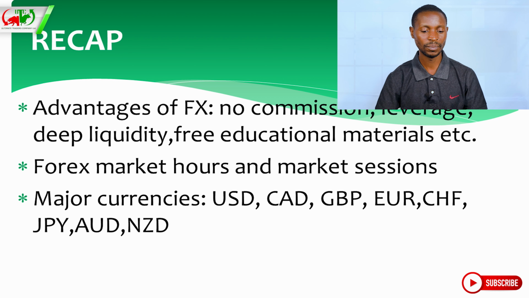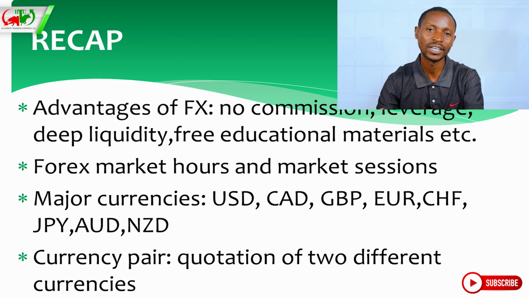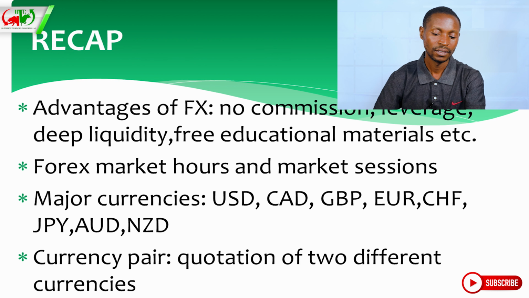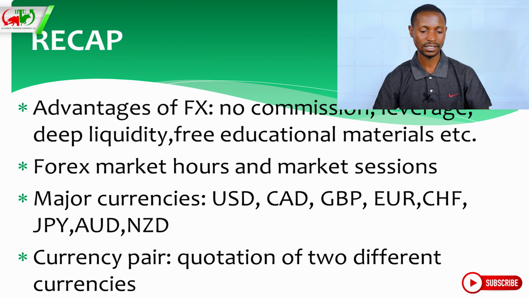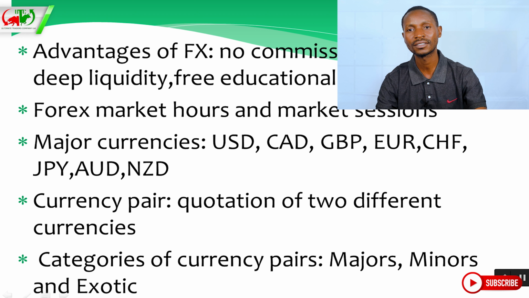We have learned also about the currency pair, where we have seen that the currency pair is the quotation of 2 different currencies, or just a comparison of the value of one currency to another. We have also seen the categories of currency pairs.